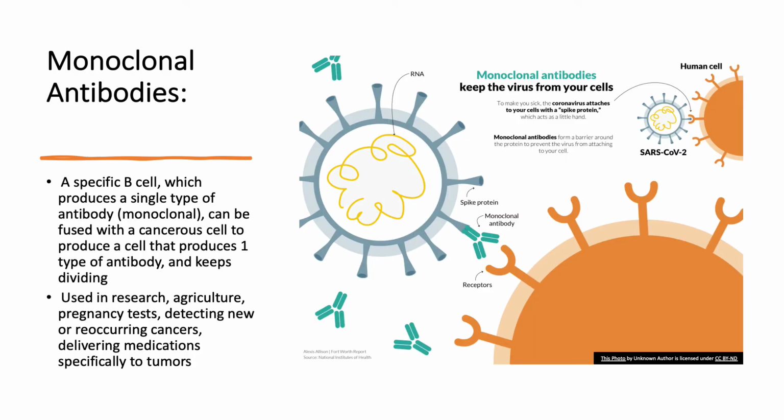When we look at antibodies, we call them monoclonal antibodies because a specific B cell produces a single type of antibody. It's monoclonal, one type. It can be fused with a cancerous cell to produce a cell that produces one type of antibody and keeps dividing.